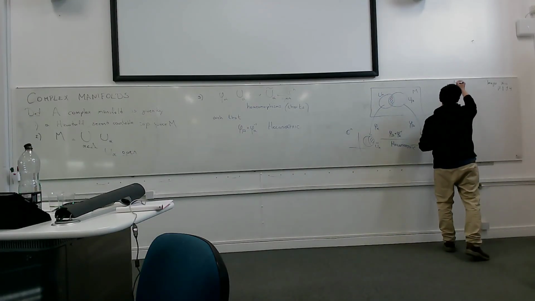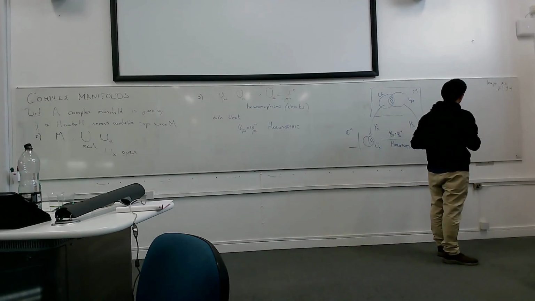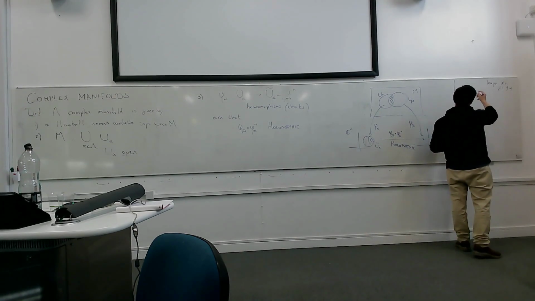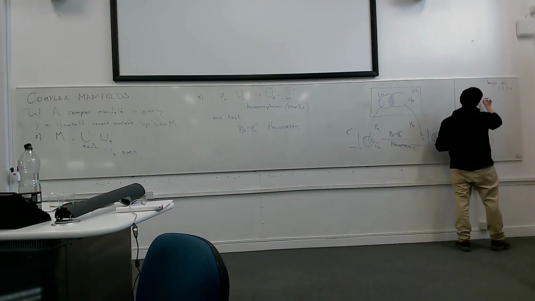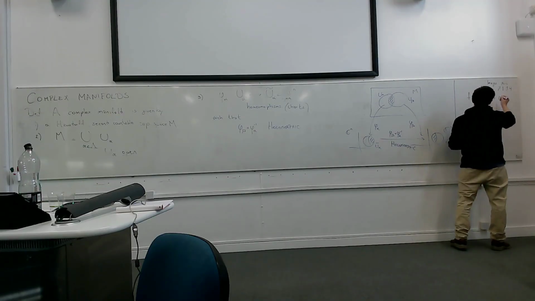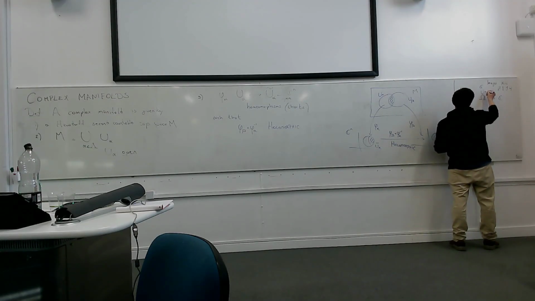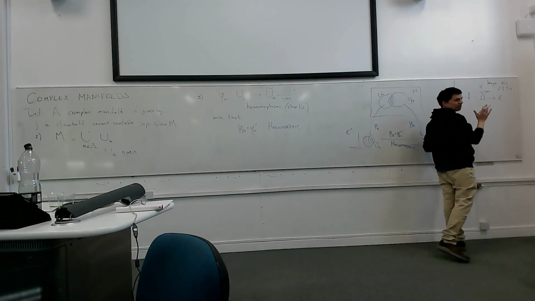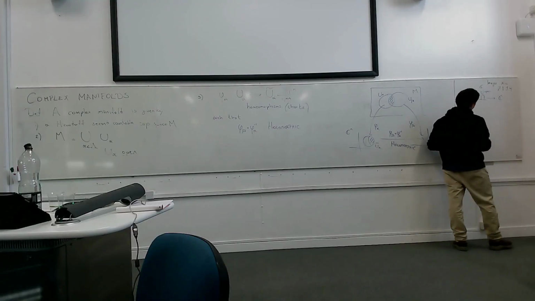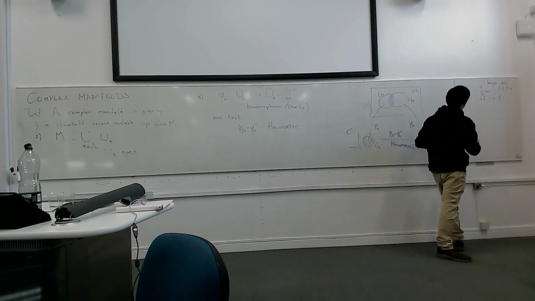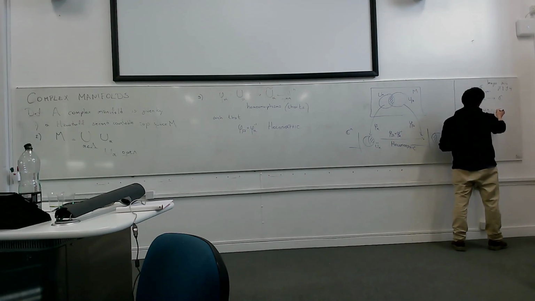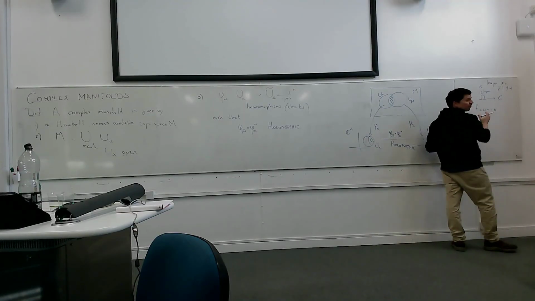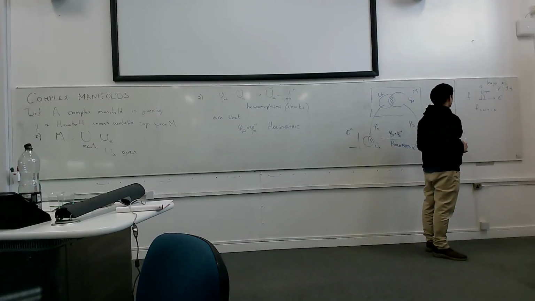So if you have a function f that goes from an open set omega in C, and this function has complex values, so it has a real and imaginary part, u and v are real functions.